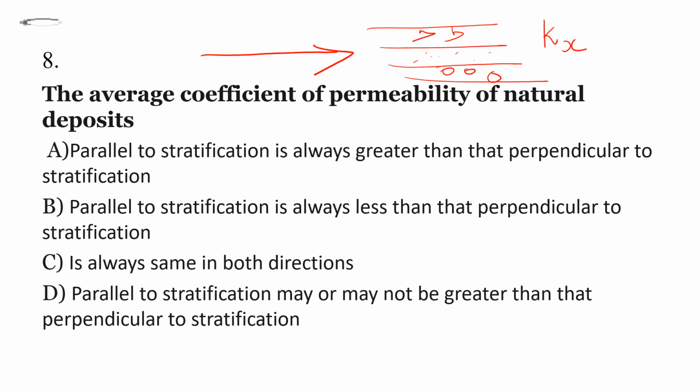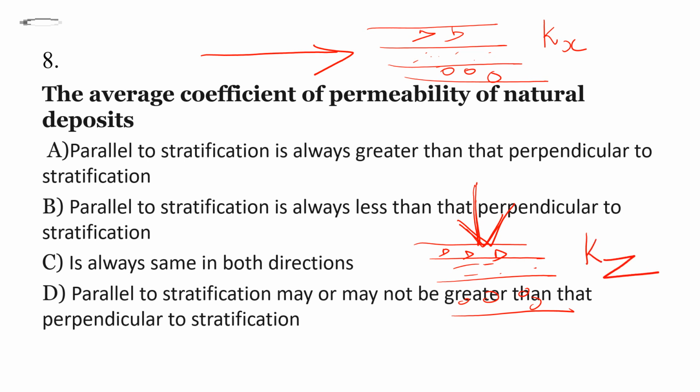Similarly, if the water is flowing in a direction perpendicular to the layers of stratification, that is, these are your layers of soil, and the water is flowing in the perpendicular direction like this from above through these 3 layers, then you have the coefficient of permeability, which is denoted by Kz, because it is in the z direction, the perpendicular direction. So it is said that the value of Ks is always greater than the perpendicular stratification Kz.